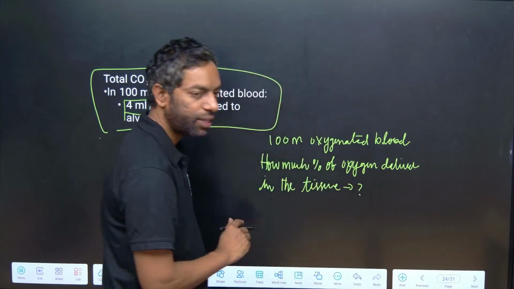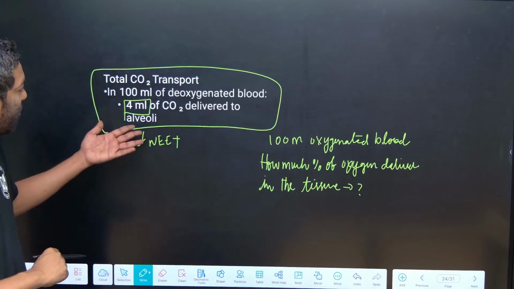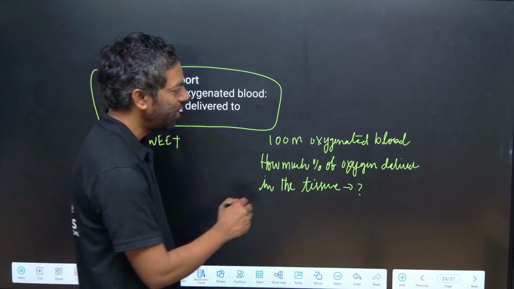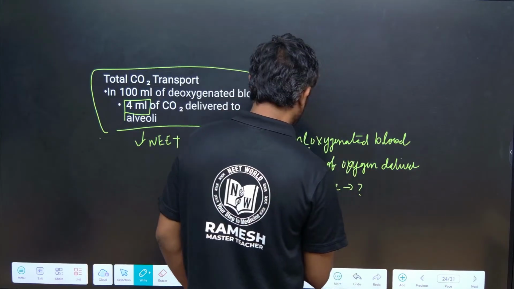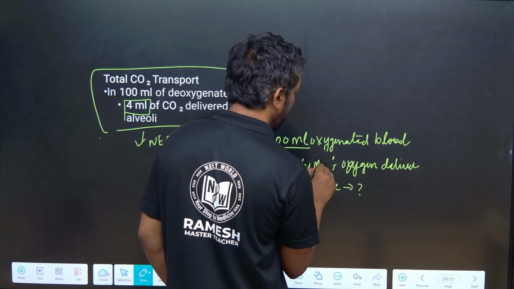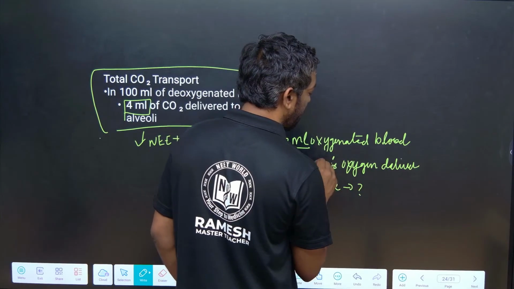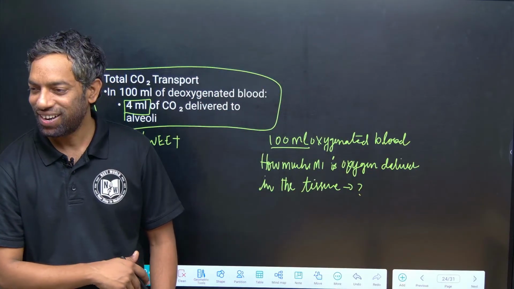How much percentage? Here carbon dioxide is 4%, 4 ml. Percentage here means ml. How much ml of oxygen is delivered?